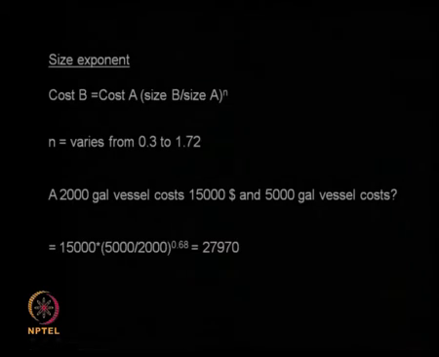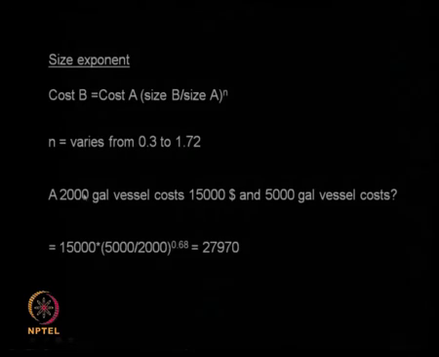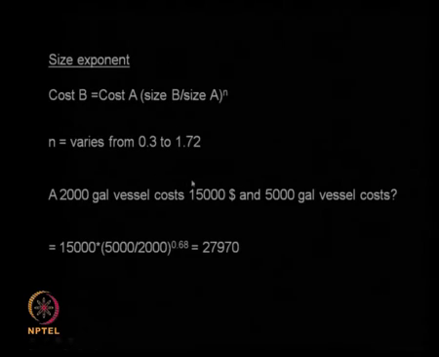So where do you use this? For example, I know the cost of a 2000 gallon vessel and I say it costs about $15,000. I want to know the cost of a 5000 gallon vessel, what will be the cost, you understand. A 2000 gallon vessel cost is known. Now I want to know the cost of a 5000 gallon vessel.